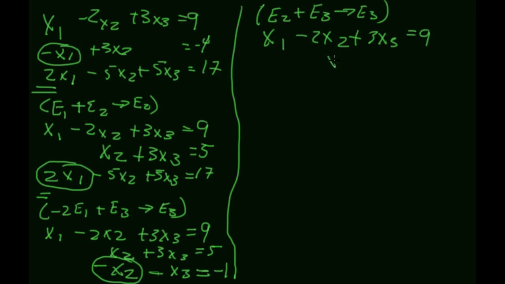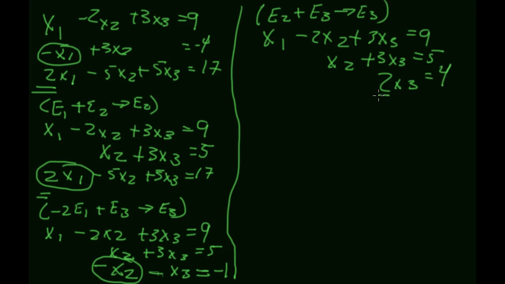The second equation becomes x2 plus 3x3 is equal to 5. And the third equation, so we're going to add these two, gets me a 0. 3 minus 1 is 2x3. 5 minus 1 is 4.